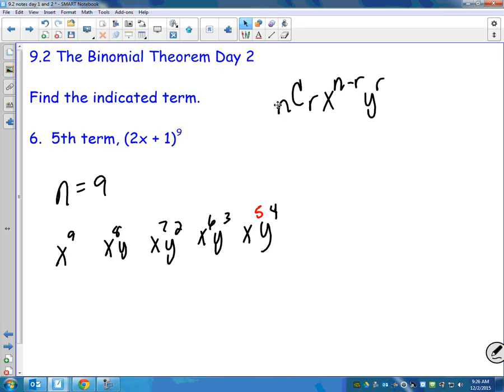So how can we get the exponent for y every time? On this one it would work if we just take 9 minus the term, we always get that.